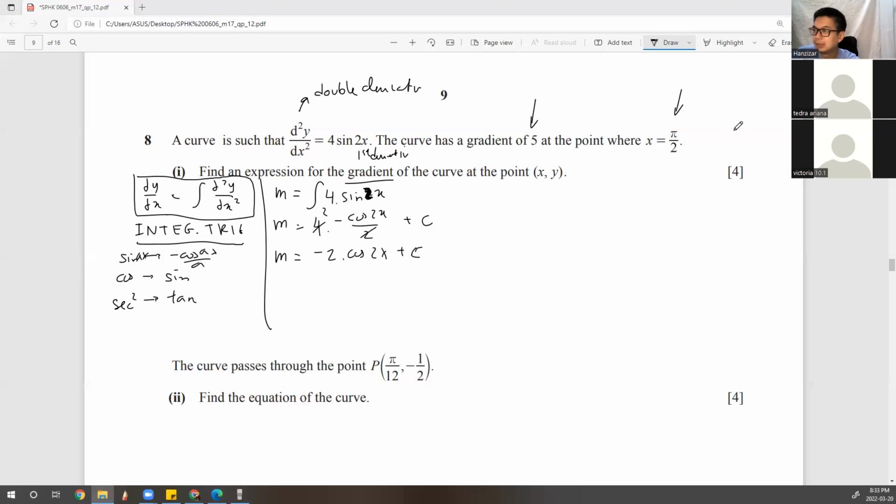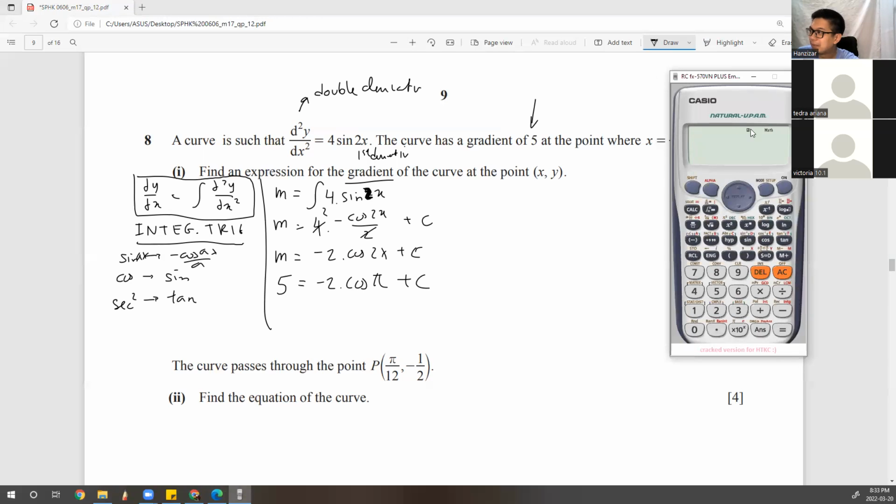Okay, later. So m is 5. Just write it down because it is given. So negative 2 times cos 2 times pi over 2, which is pi. Just make it fast. Plus c, right? And then make sure that this is in radians because we are using the radian. Okay, the pi.